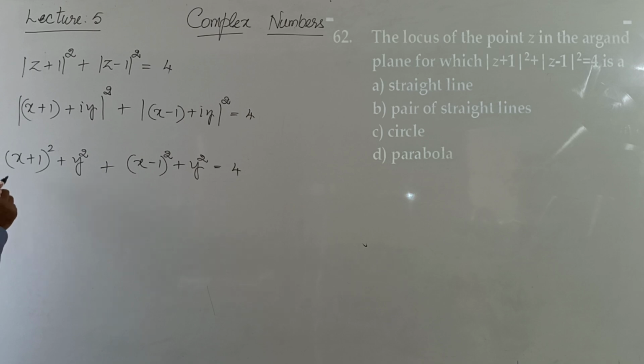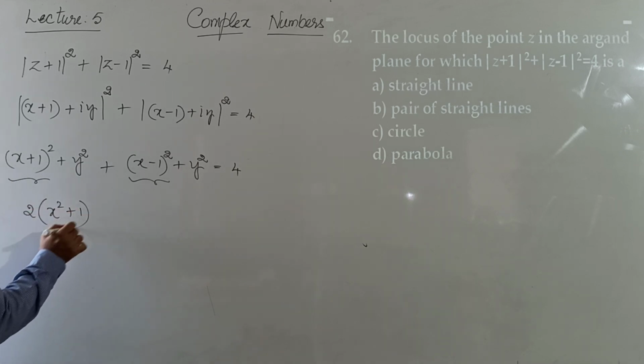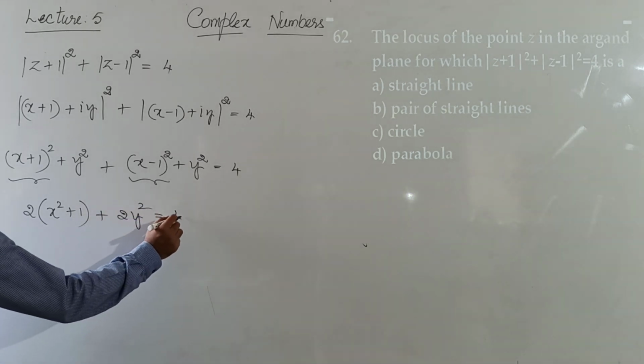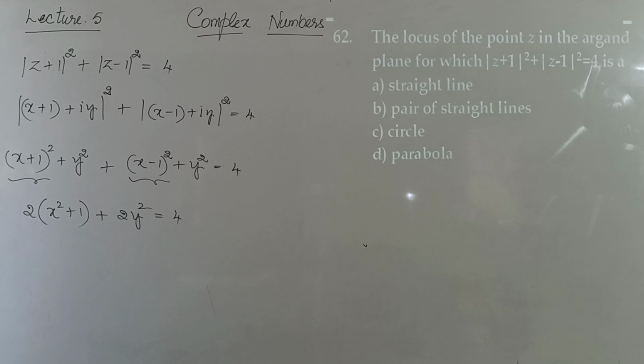Here (a plus b) whole square plus (a minus b) whole square will give you 2 into (a square plus b square). So 2 into (x square plus 1) plus 2y square is equal to 4.